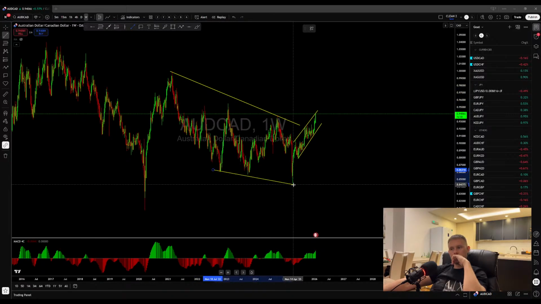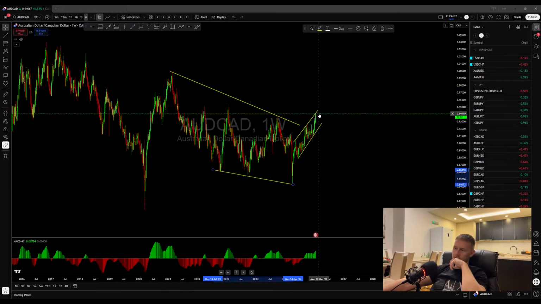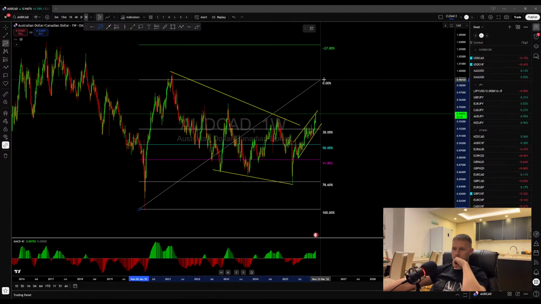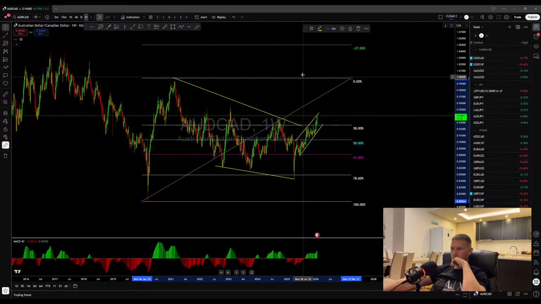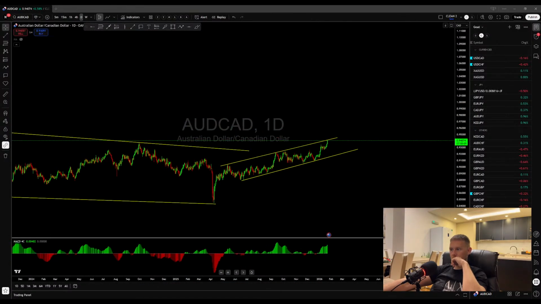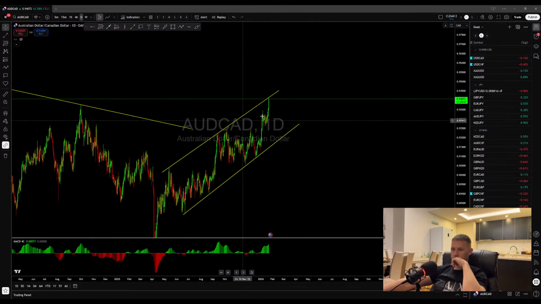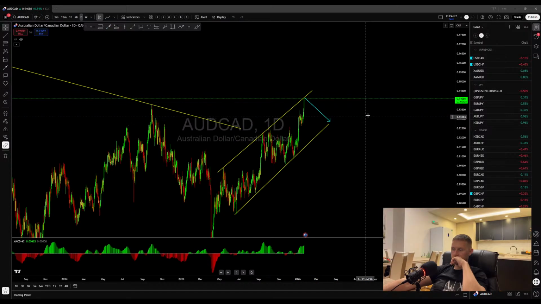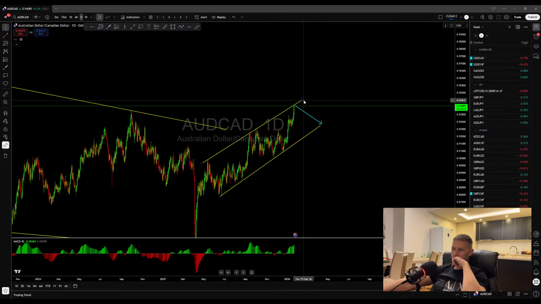Completed structure. But the problem is this one, because of how it looks right now. This one can go up, but not without having a decent pullback over there. We need to have a pullback before going for this move to the upside. So I anticipate this kind of structure now, something like this before heading upside.